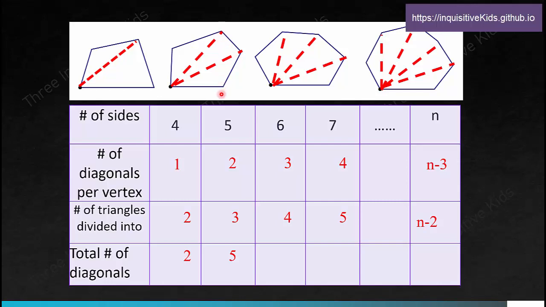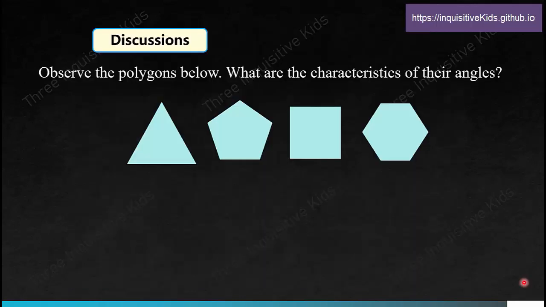And then for the hexagon and the heptagon, it would be 9 and 14. So what is it for n? The formula is n times the difference of n and 3, over 2.